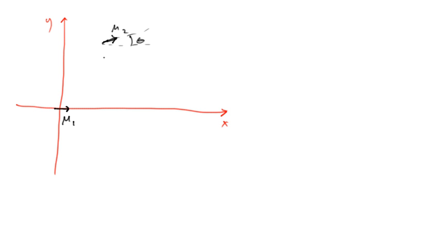And this is the position vector of particle 2 with respect to particle 1, and the coordinates for that number 2 are x over and y up.